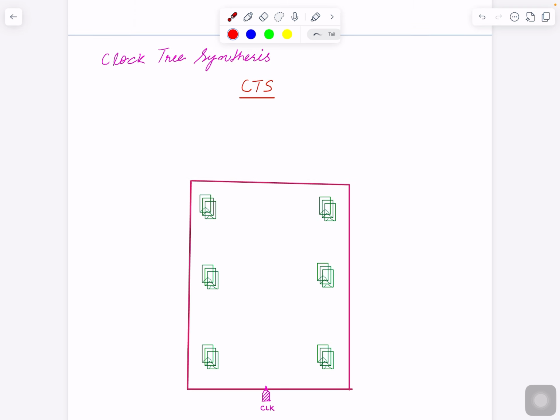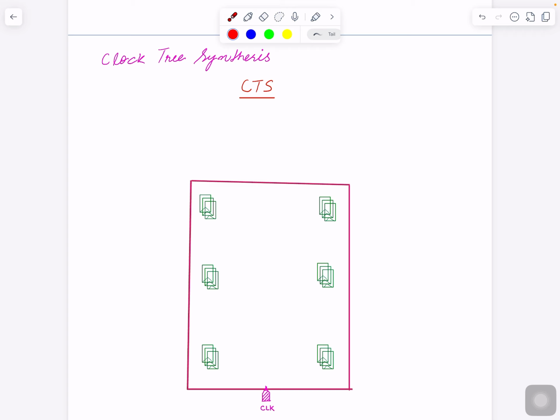Why do we need it? I already covered some of these details in a playlist you should search on my channel. There is a playlist on clock distribution where I not only cover block level or partition level clock tree synthesis, but I also give you an idea of the top level, how different partitions are there, how clock is distributed, and also how clocks are generated, where they come from, the PLL, the dividers and all that.